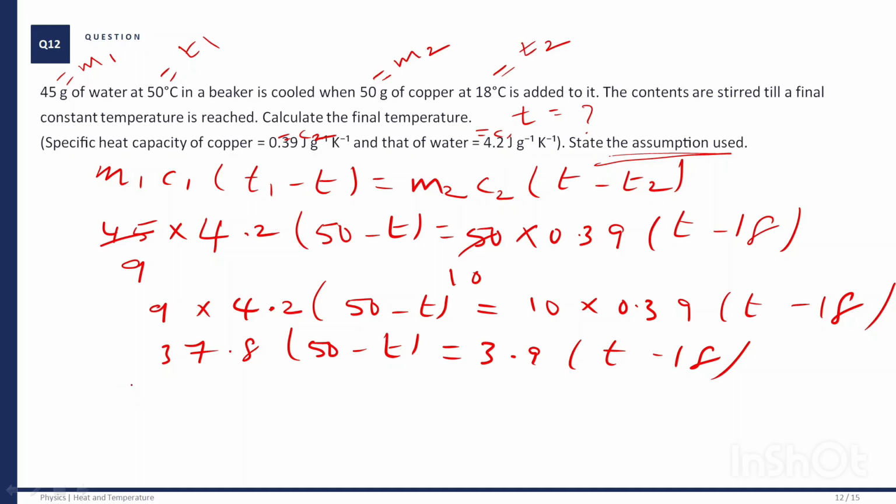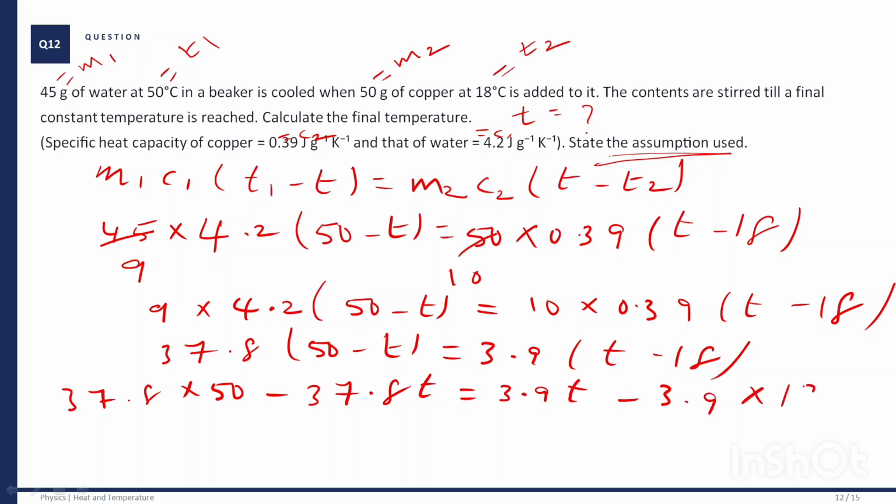Multiply it. 37.8 into 50 minus 37.8 into T equal to 3.9 into T minus 3.9 into 18. Small multiplications. Once again, please try to multiply 37.8 into 50.